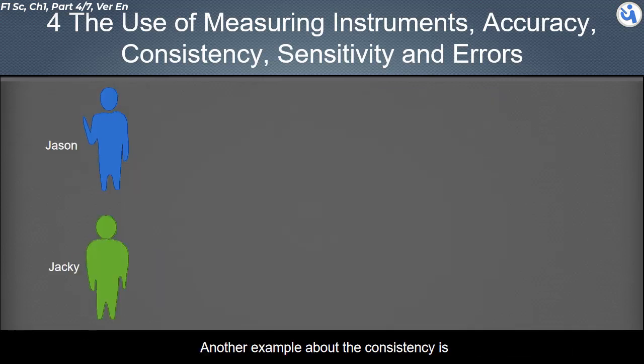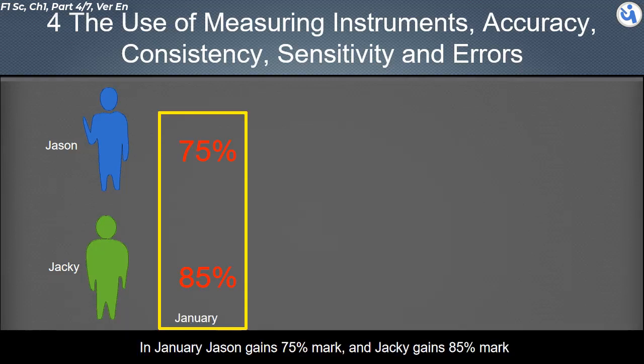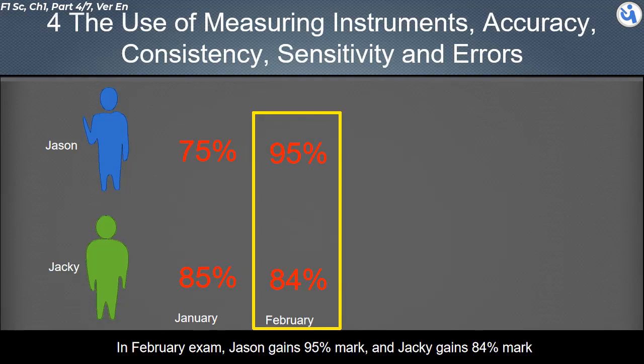Another example about consistency: in a classroom, there are 2 students who take the same mathematics exam every month. In January, Jason gains 75% and Jackie gains 85%. In the February exam, Jason gains 95% and Jackie gains 84%.